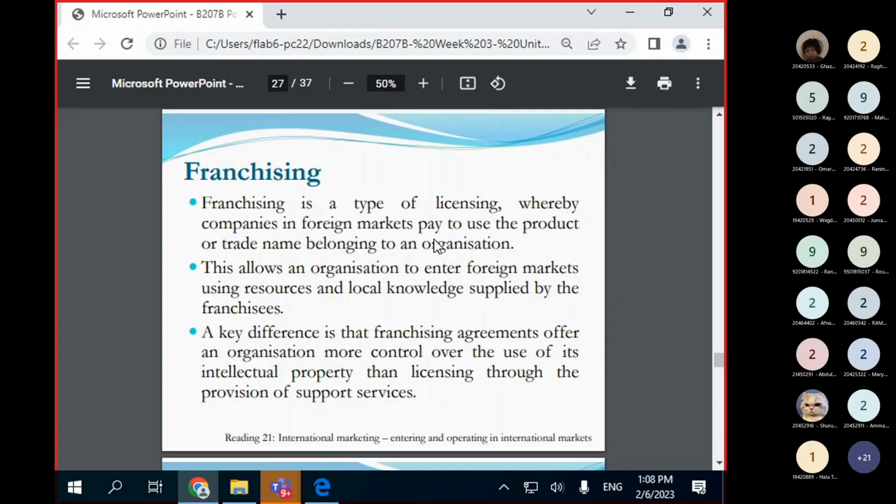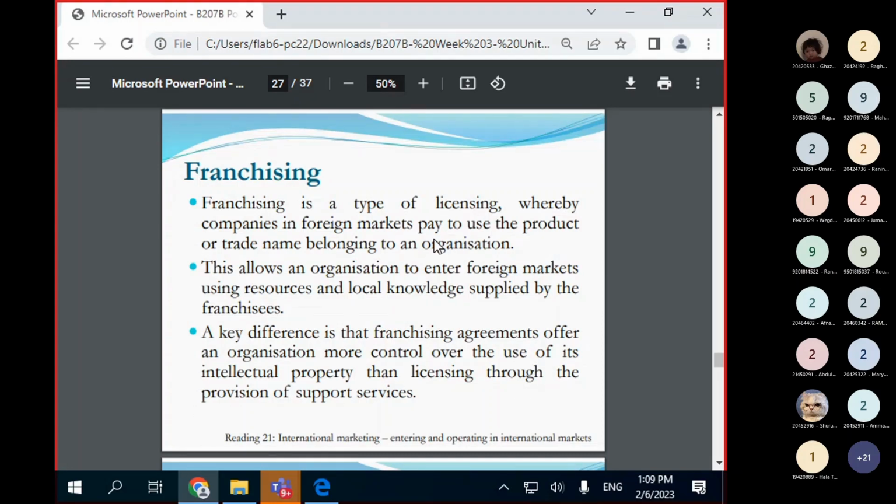Franchising. What is franchising? Yeah, it's a type of license as well. It's a license to use a full business model. Okay, so somebody has done a business plan, a business model, it came out to be successful. You, if you are an investor, you come and buy the full system as it is.